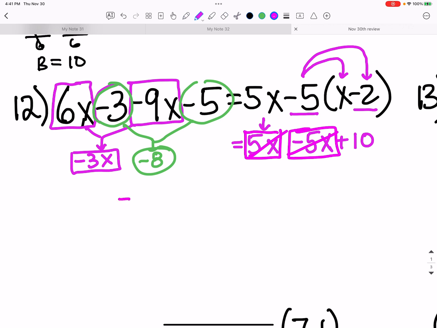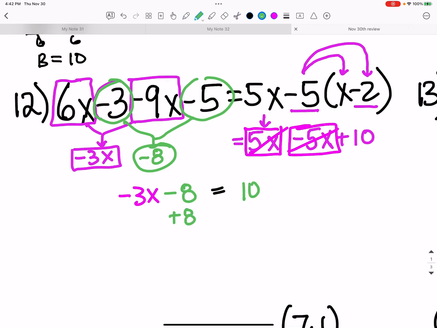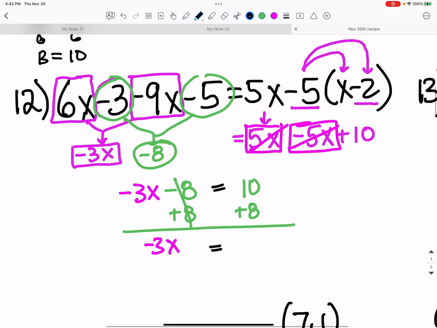So I'm stuck with the equation after I've done some cleaning up: -3x minus 8 equals +10. So I'm going to add 8 over here, add 8 over there, and that gets rid of the 8's. -3x equals 18.